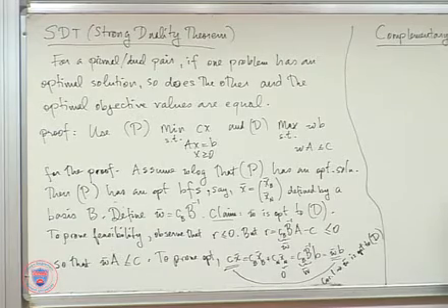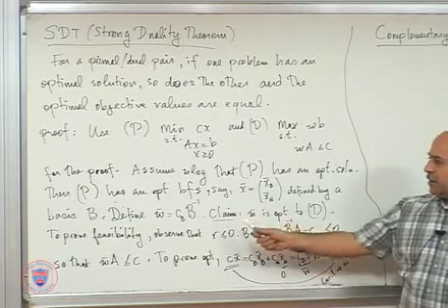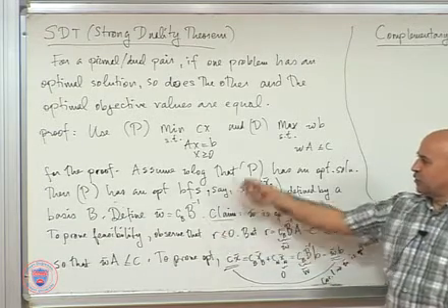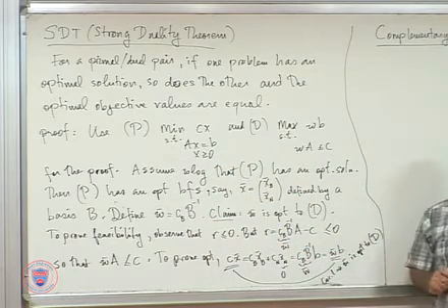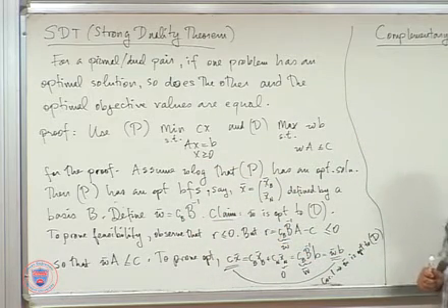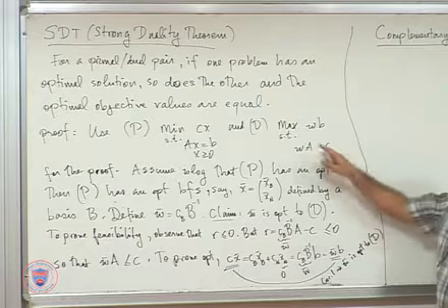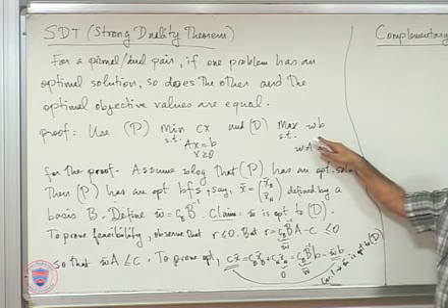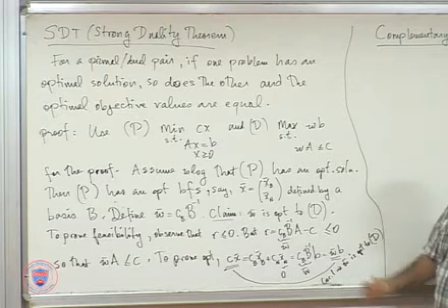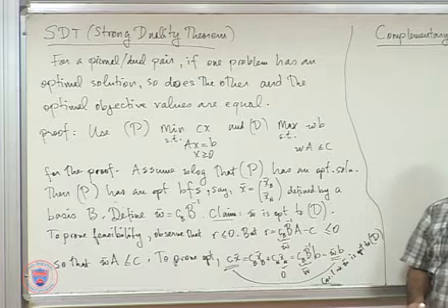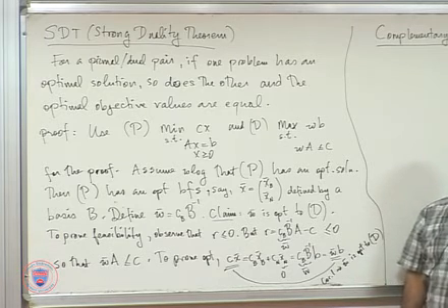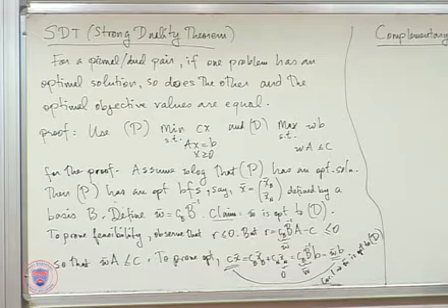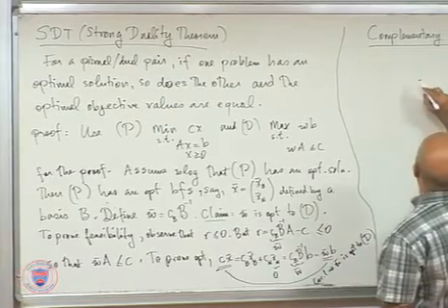What is it? The same basis defines an optimal solution for the primal problem via B inverse B. And it also defines an optimal solution to the dual problem via CB B inverse. It's the same basis that does the job for both problems. Okay? And that's, I think, something you should probably make a note of. All right, complementary slackness theorem.